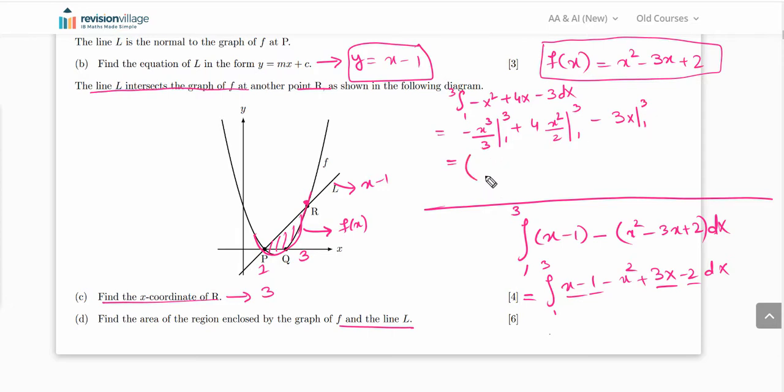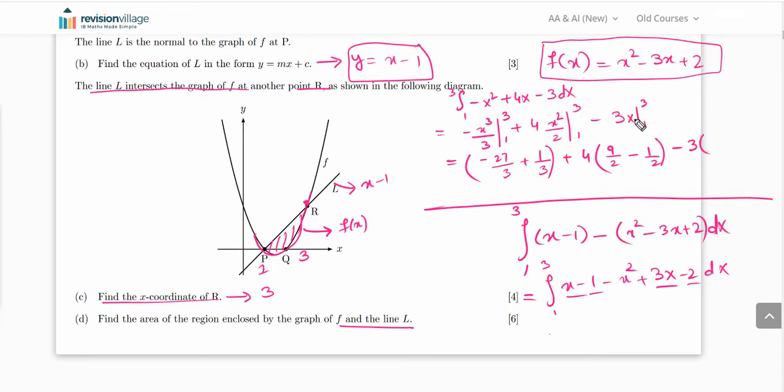So for this one I'll get minus 27 over 3 plus 1 over 3, plus for this one I'll put the upper limit first, then minus the lower limit. So when I put 3 into x, I'll get 3 squared, that is 9, so it'll become 9 over 2, minus, then I'll put the lower limit 1. So 1 squared is 1, so 1 over 2, minus 3 times the upper limit minus the lower limit.